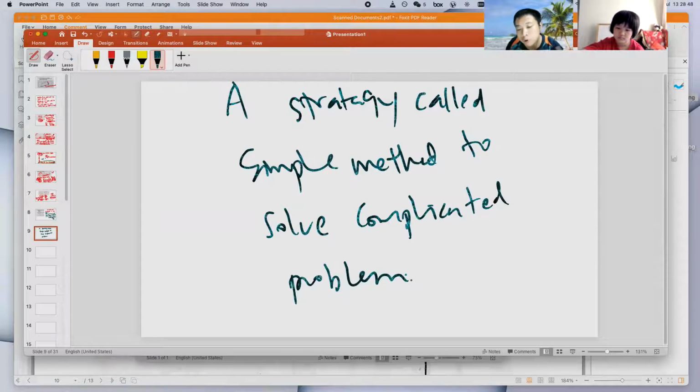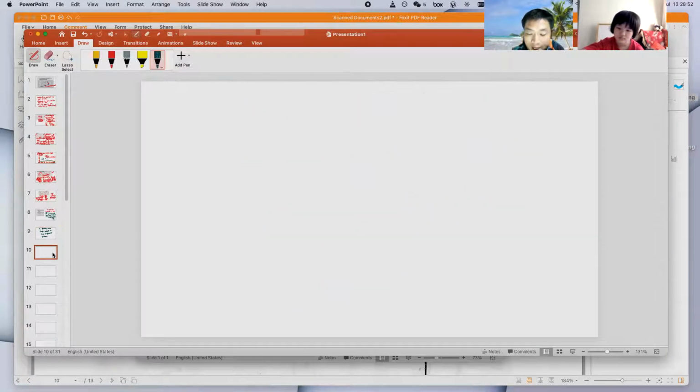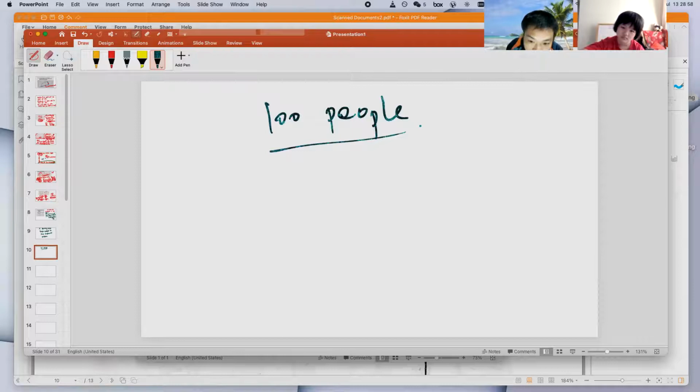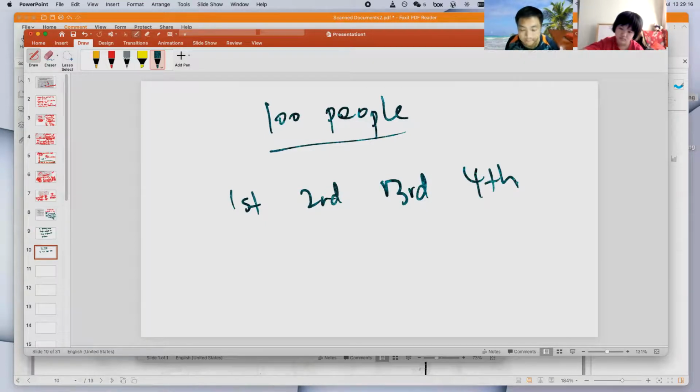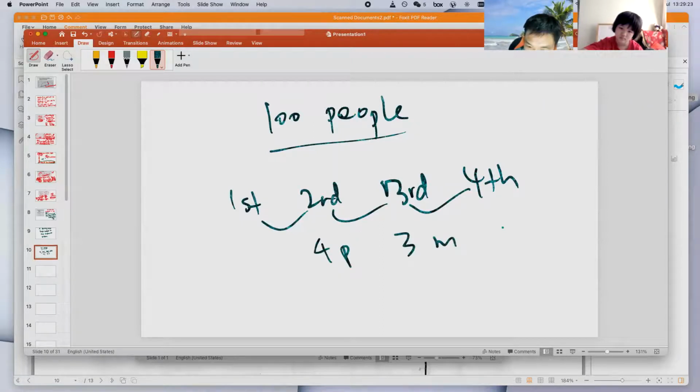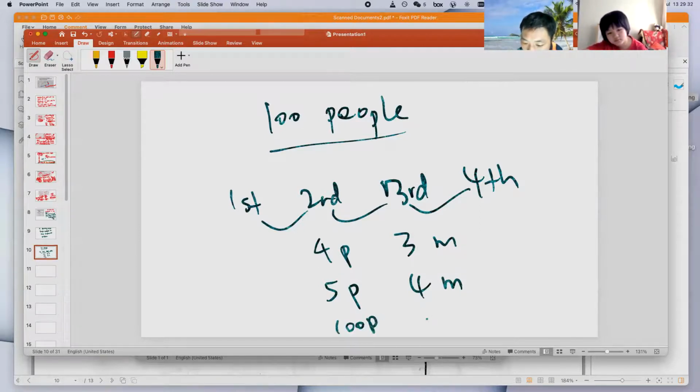So instead of looking at 100 people, which is so complicated, I will just look at 4 people. 4 people, 3 meters, right? 5 people, 4 meters, right? So 100 people, 99 meters. Correct.